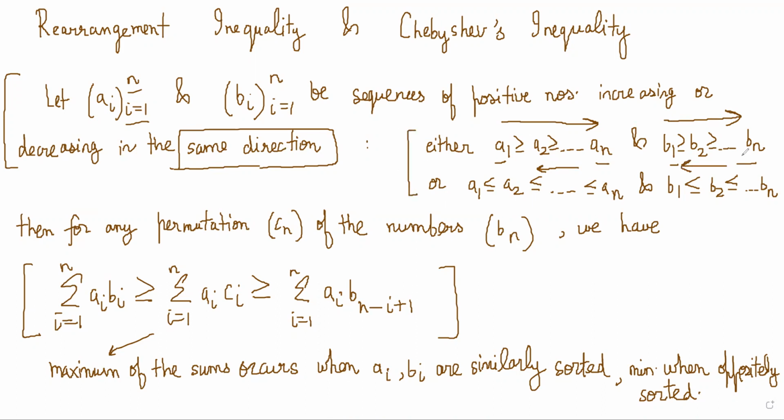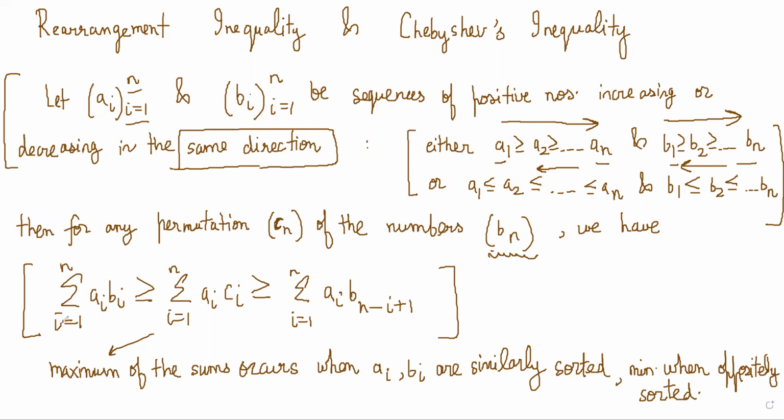So in this case, if this is true, then for any permutation c_n of the numbers b_n, basically what do we mean by that? If you rearrange the terms of the sequence b in any different order, called c_n, so basically you change the positions of all of the elements of b, that will be a different permutation.